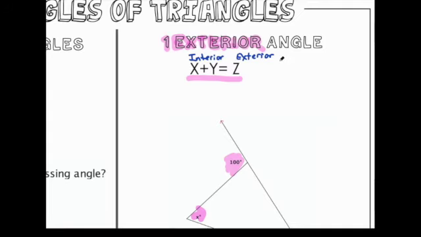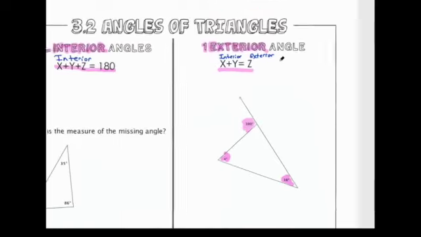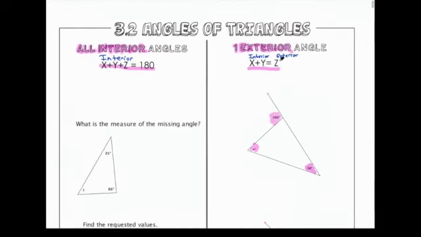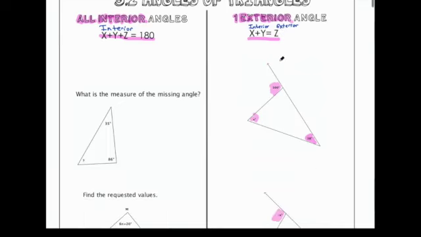And so that's how these two are different. If there's an exterior, you're doing this on the right and using X plus Y equals Z. If they're all interior, you're using the one on the left, X plus Y plus Z equals 180.